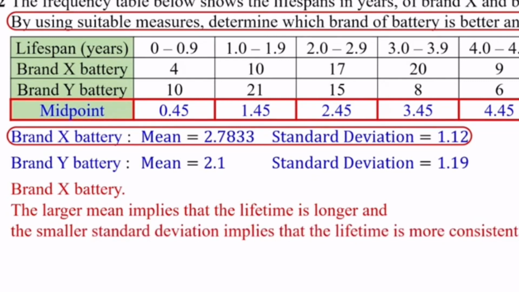So we can conclude that for brand X battery, the larger mean implies that the lifespan, changed from lifetime to lifespan, is longer, and the smaller standard deviation implies that the lifespan of the battery is more consistent. Lifespan means how many years it can be used. The lifespan for battery X is more consistent, right?